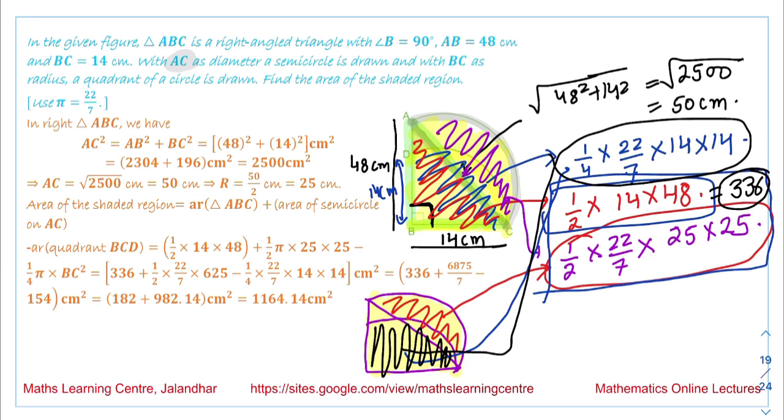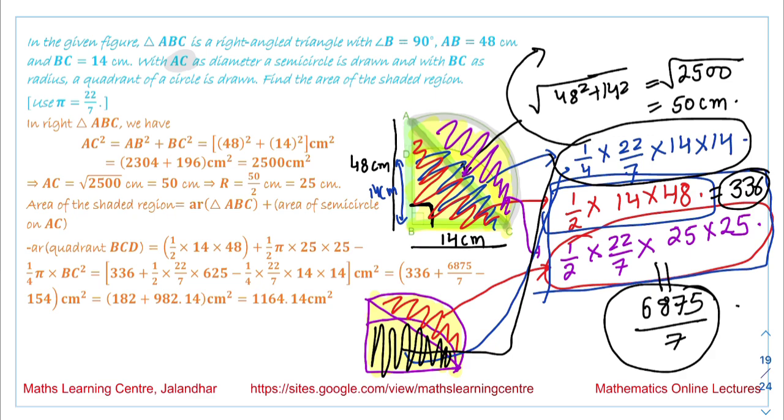Next, the area of the semicircle is this area. On solving this value, you will get the answer 6875 by 7. And the first value, 1 by 4 into 22 by 7, on solving gives the answer 154.